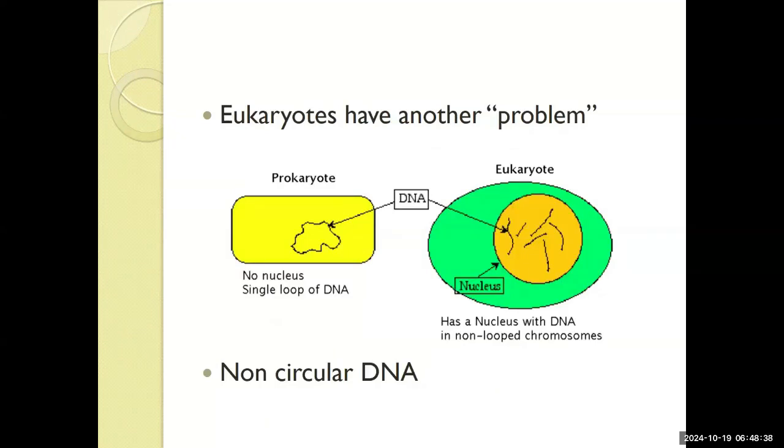Prokaryotes have a single circular DNA, and so it can be copied in full and completely end where it began, the entire genome transcribed. Eukaryotes, however, have non-looped chromosomes. If you unwound the DNA, it'd be one long line. And the DNA polymerase cannot add nucleotides where it is attached.